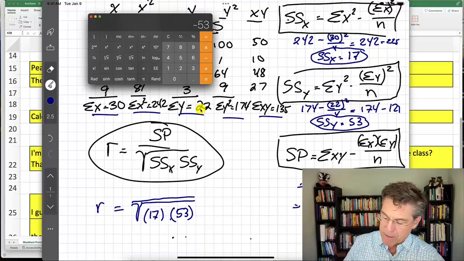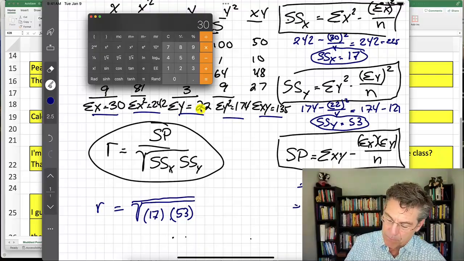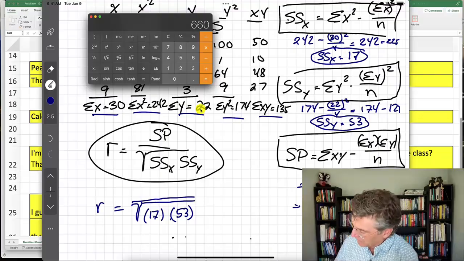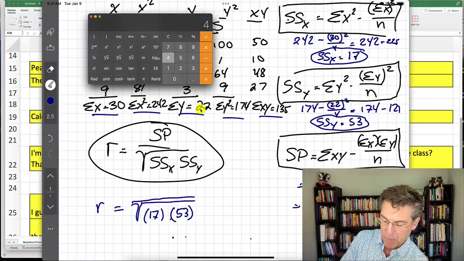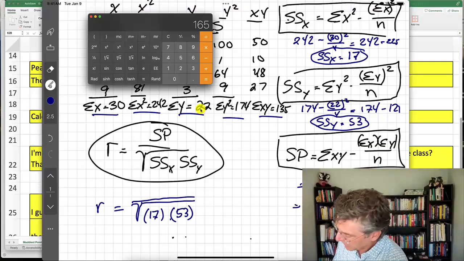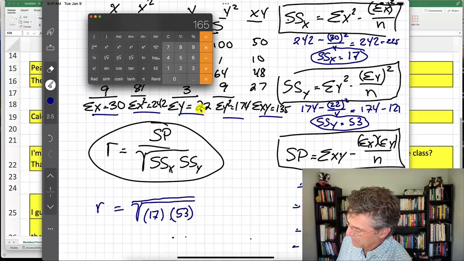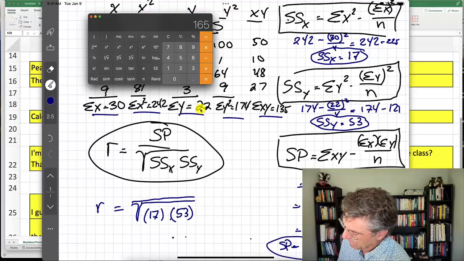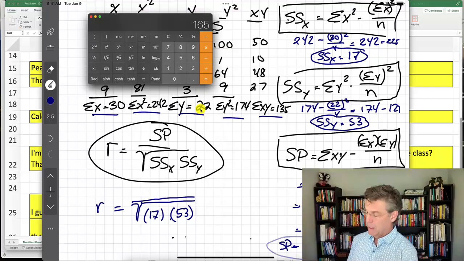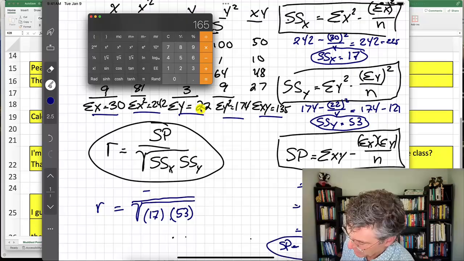So 30 times 22 is 660, and that divided by 4 is 165. And when I subtract that, I get a negative 30. Okay. So that goes in the top of my correlation.